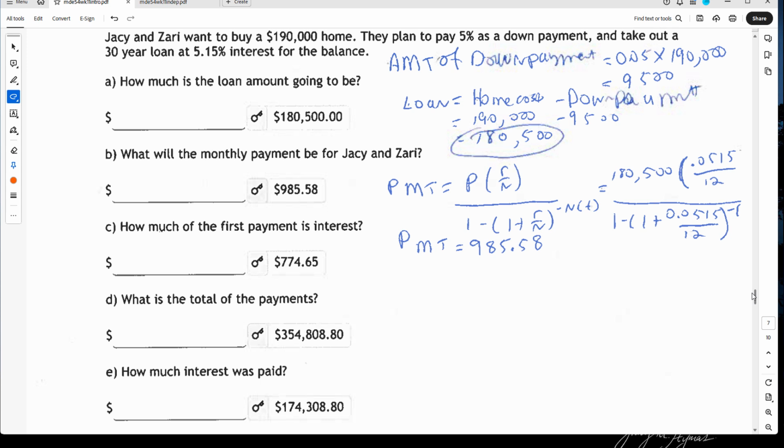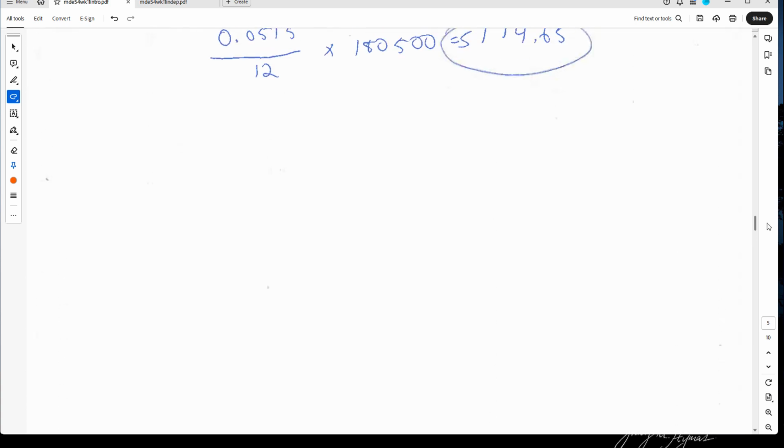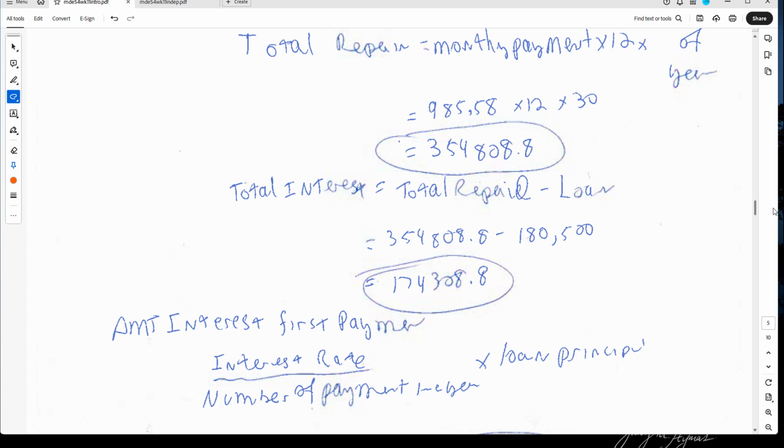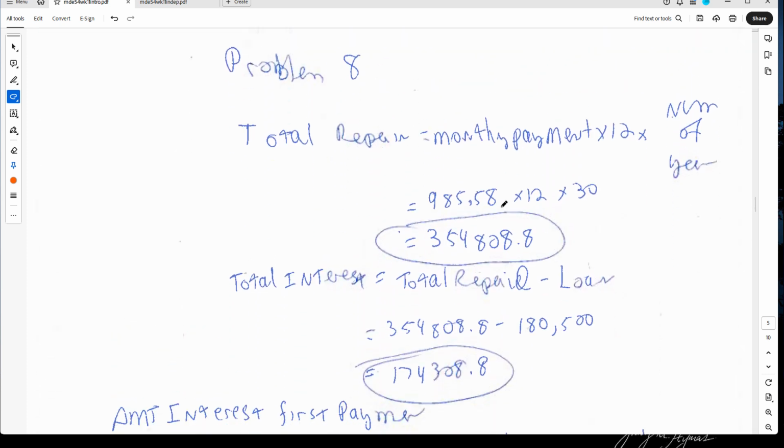What is the total amount of payments? So we know the monthly payment, and you know the life of the loan, and it's 12 months in a year. So the monthly payment times 12 times the number of years gives the total amount being repaid.